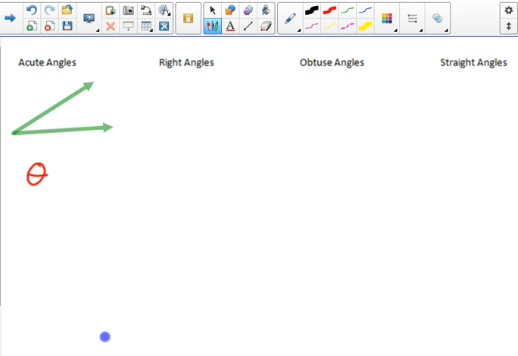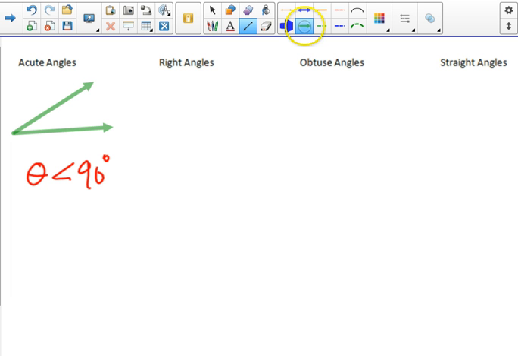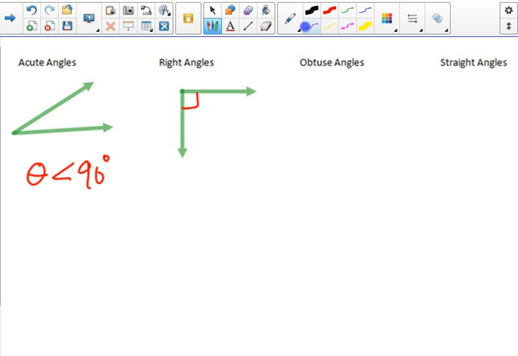So theta. Now theta is the equivalent of x when it comes to angles. It's the unknown. So when theta is less than 90 degrees, we have an acute angle. Of course, if theta is exactly equal to 90 degrees, then we draw a little box in the corner to indicate that we know it's 90, and that's called a right angle.